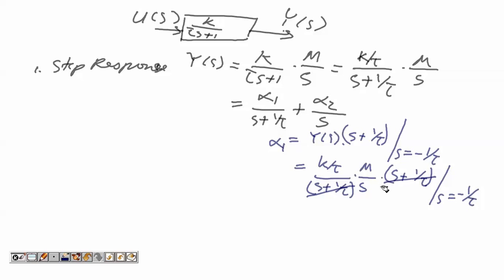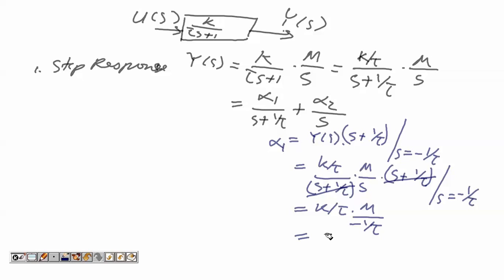This form we can cancel to get the value K over tau M over s, with s is minus 1 over tau, so we can replace this s by minus 1 over tau.